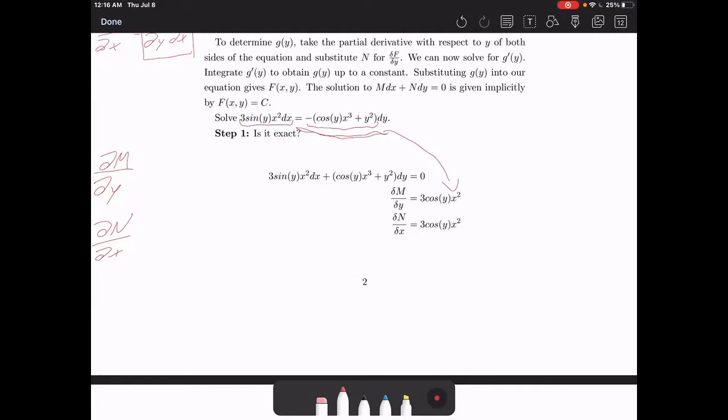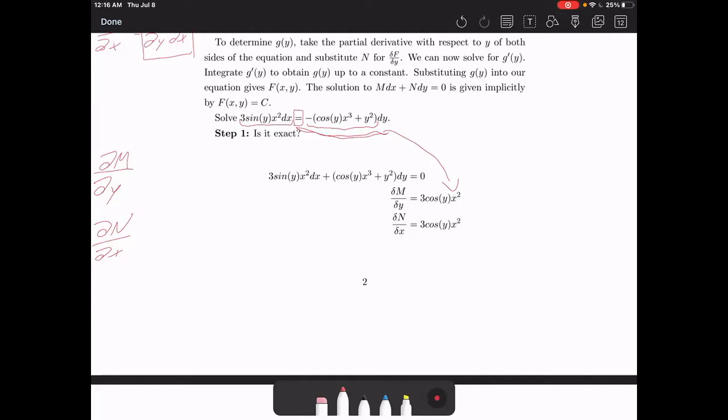And the derivative of negative cos(y) x cubed plus y squared with respect to, oh, sorry, I skipped a step here. The equal sign is actually in the wrong spot. We're used to being M dx plus N dy is equal to 0.